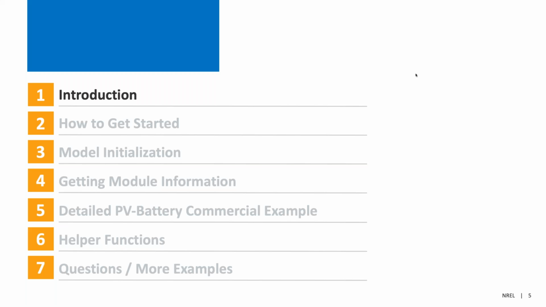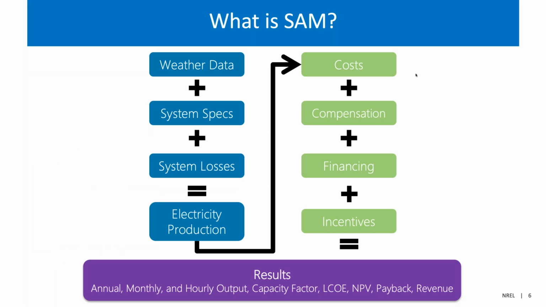with the introduction. I assume most of you are familiar already with SAM, the System Advisor Model. But SAM is a free software that enables detailed performance and financial analysis for renewable energy systems. SAM models a variety of technology and financial configurations, but all of them have a very similar structure. For the technology module, you have inputs such as the weather data, the system specifications, and the system losses.